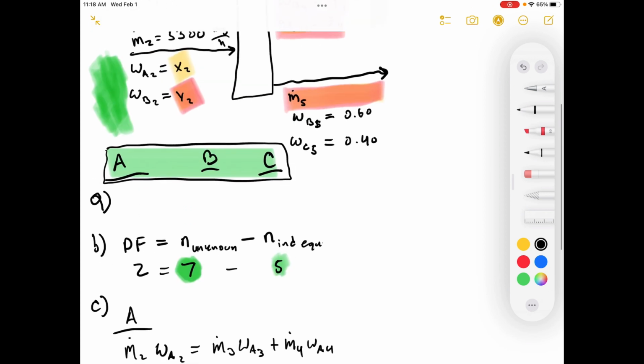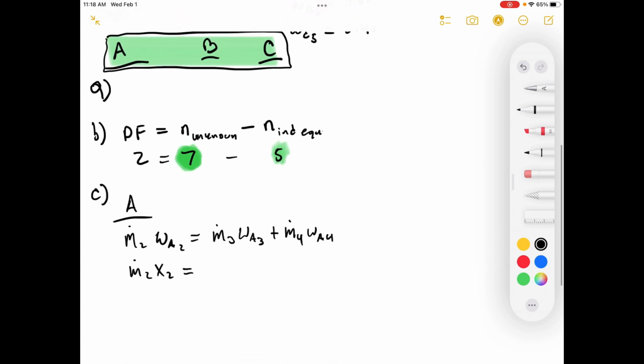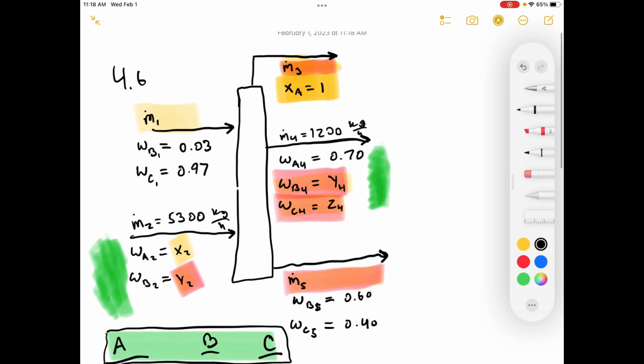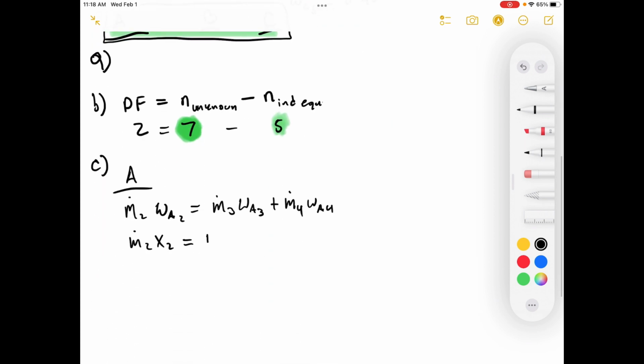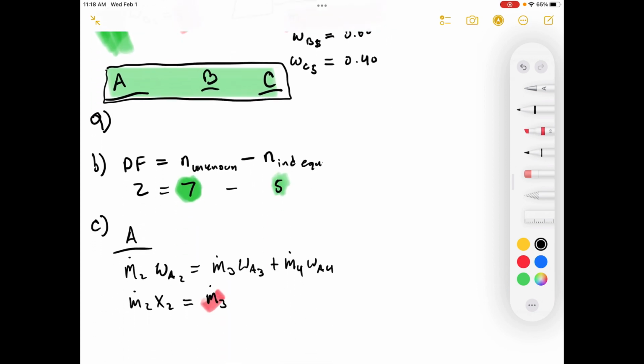Okay, X2 is known, so M2 is known. This becomes X2. We'll substitute that in because we know X2. M3, we don't know M3, so M3 is an unknown. WA3 is equal to 1, so 1 times anything is equal to itself, so we'll just leave that out.